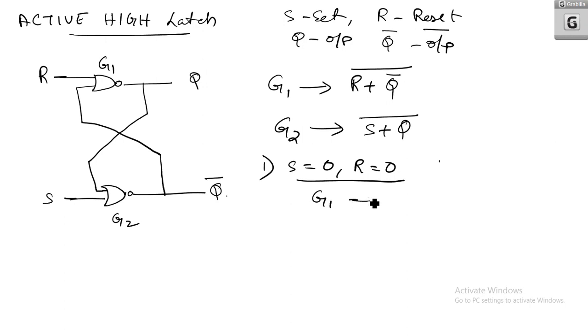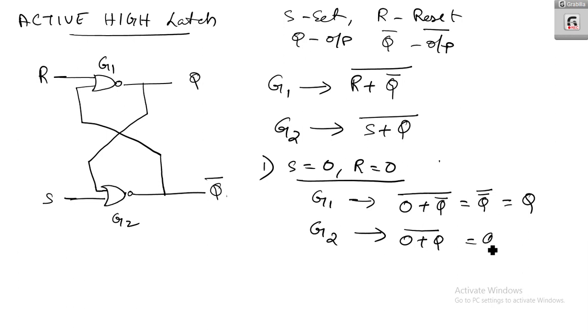Gate 1 is (0 or Q bar) the whole bar, which is Q bar bar. That becomes Q. What is the output of gate 2? S is equal to 0, so it is (0 or Q) the whole bar. That is Q bar. So that is going on fine. You are getting Q and Q bar.